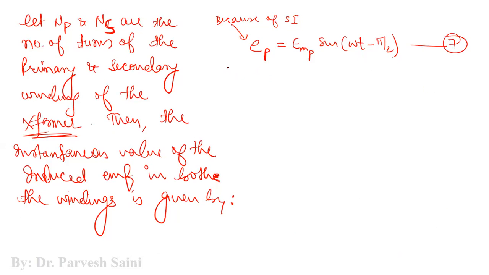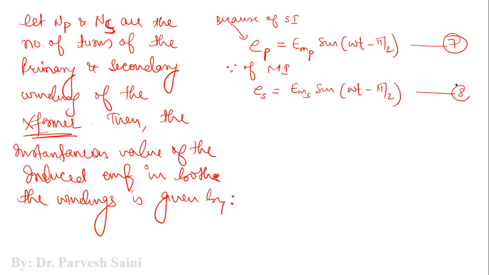And then because of mutual induction, we have the secondary instantaneous value, which is ES equal to EMS sine omega t minus pi by 2.